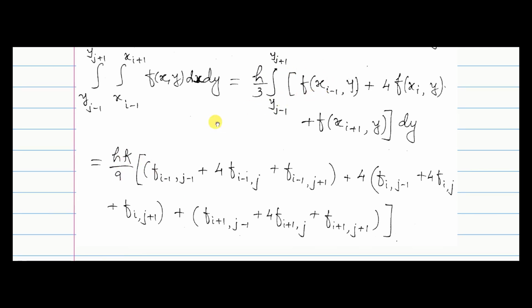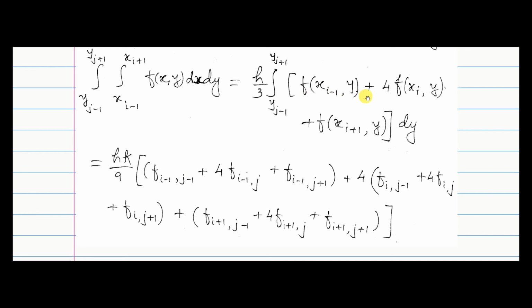Now see, f of x_i minus 1, it is the same as i minus 1, and then y_j minus 1. Now just be careful that we are focusing on the first term itself. The first term will give you three terms. So f_{i-1,j-1}, then 4 times f_{i-1,j}, the middle one, and then again f_{i-1,j+1}. See, j minus 1, j plus 1. Here i minus 1, i plus 1. Here j minus 1, 4 times j, and again j plus 1.